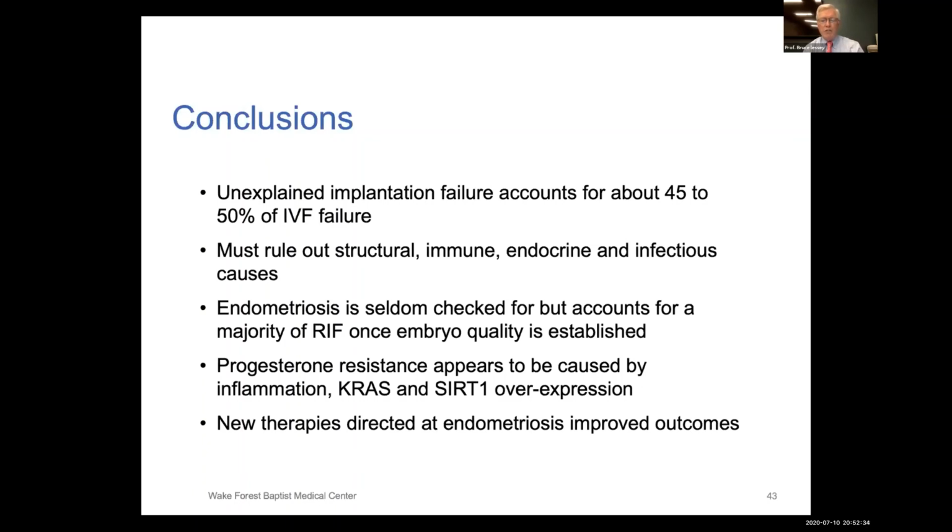So again, the use of biomarkers could be very useful. Progesterone resistance appears to be caused by inflammation acting through KRAS, which induces SIRT1, and that SIRT1 is actively turning off progesterone genes. And I think new therapies directed at endometriosis based on this research are clearly possible.